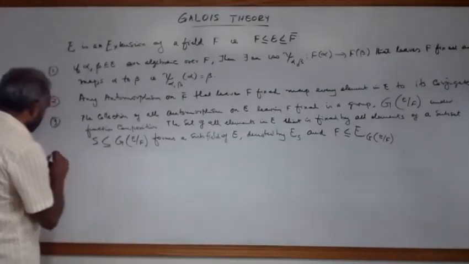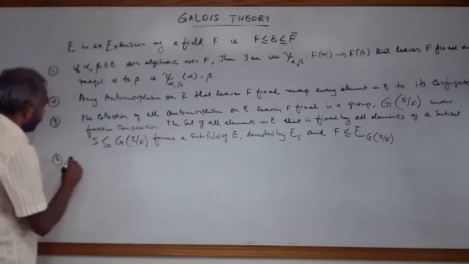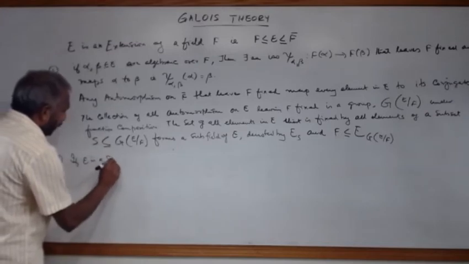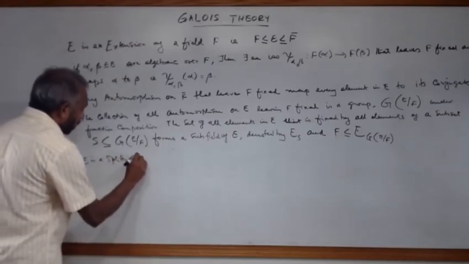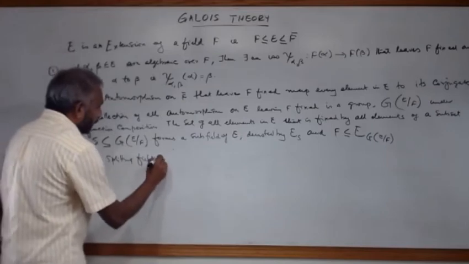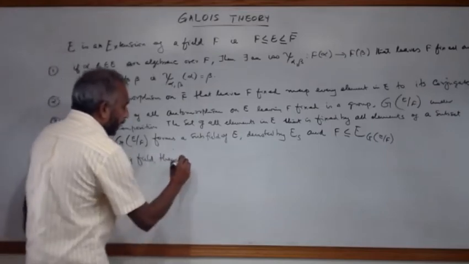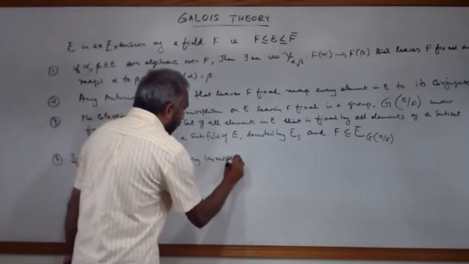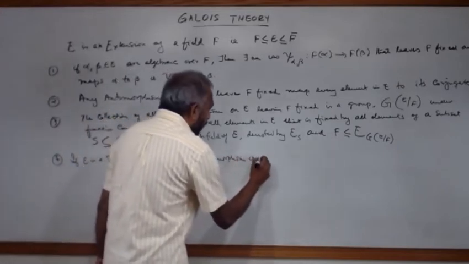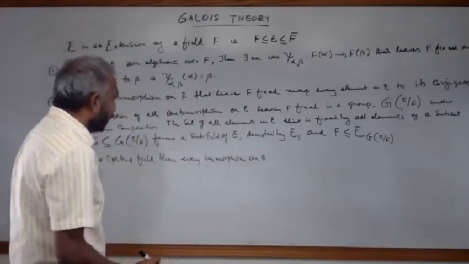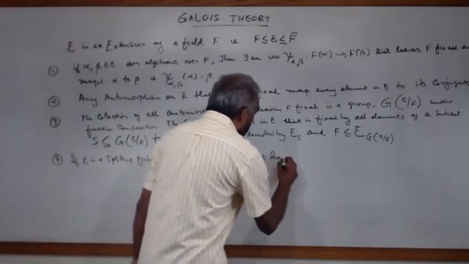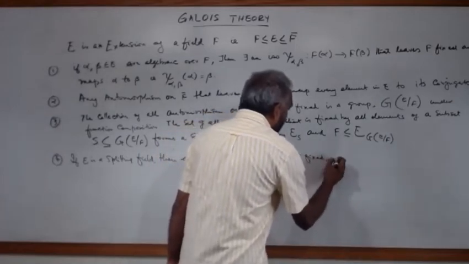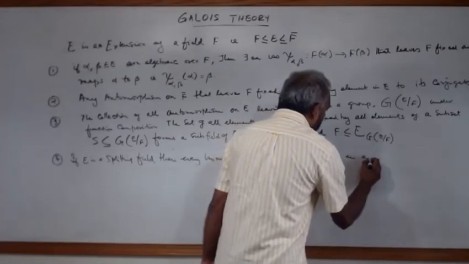So the fourth one is, if E is a splitting field, then every isomorphism on E leaving F fixed is an automorphism.